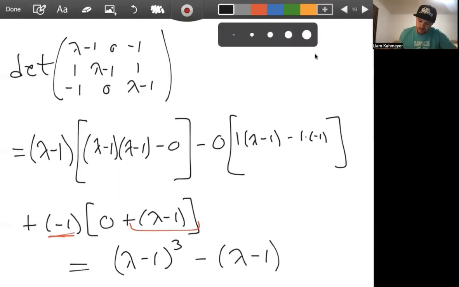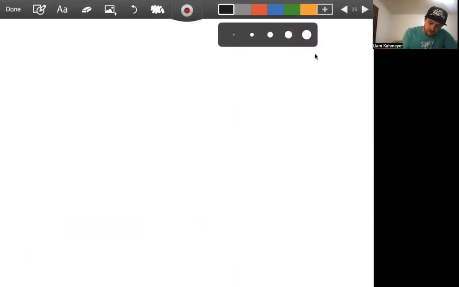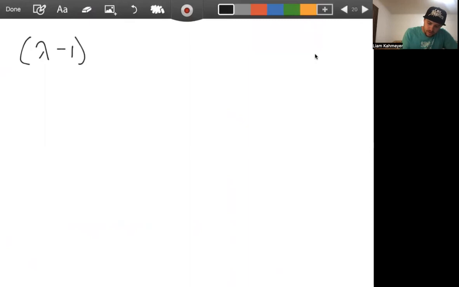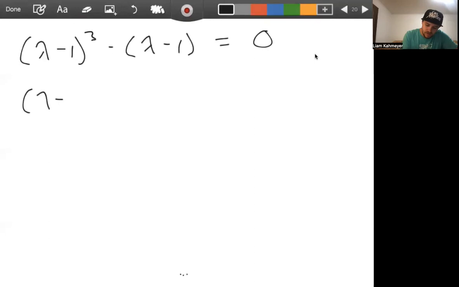So this is our characteristic polynomial. To find the roots of this, we need to set lambda minus 1 cubed minus lambda minus 1 equal to 0. Well, to do this, let's factor out a lambda minus 1 on the left-hand side, right?